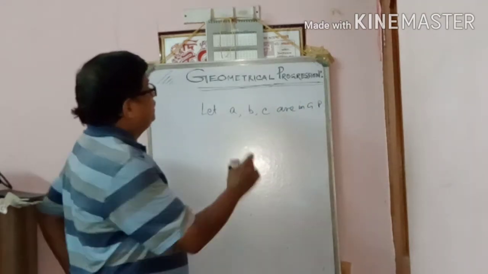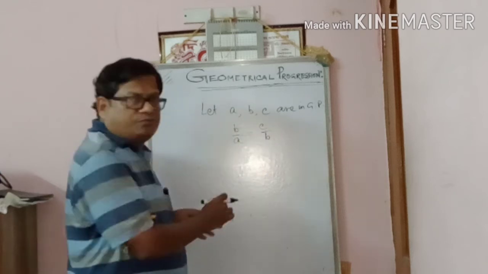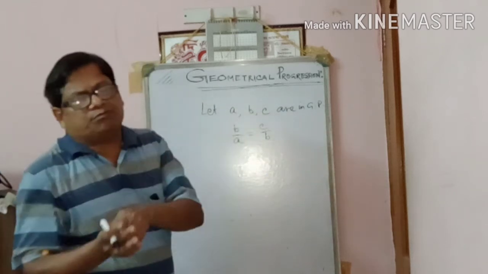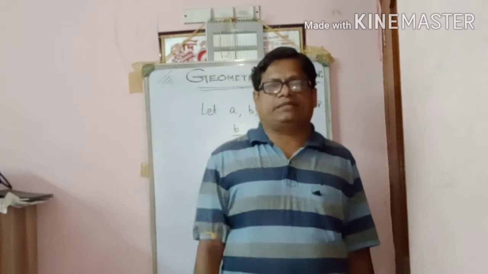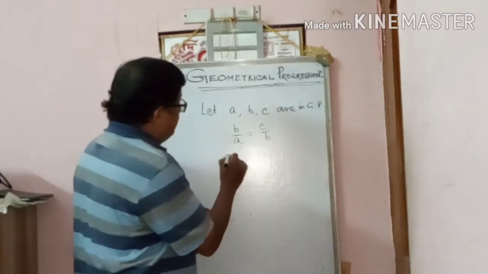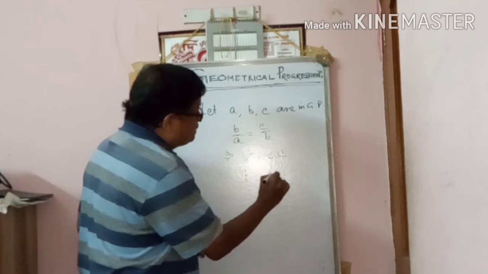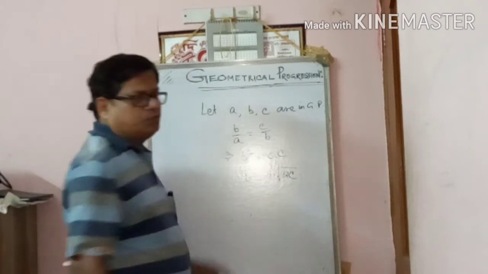Then we can write B by A equal to C by B. You can write this, no? The second term divided by the first term equals the third term divided by the second term. B by A equal to C by B. So we can write here B square equal to AC. So B equal to plus minus root under AC, okay?